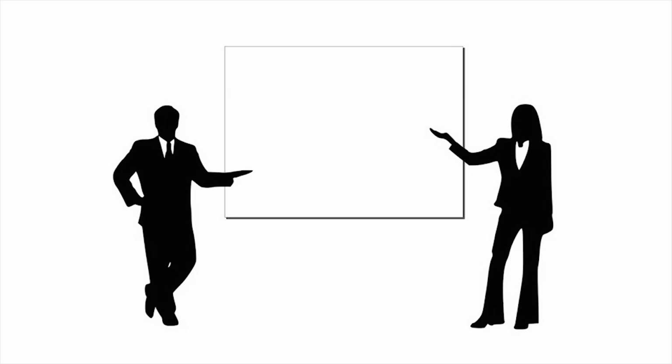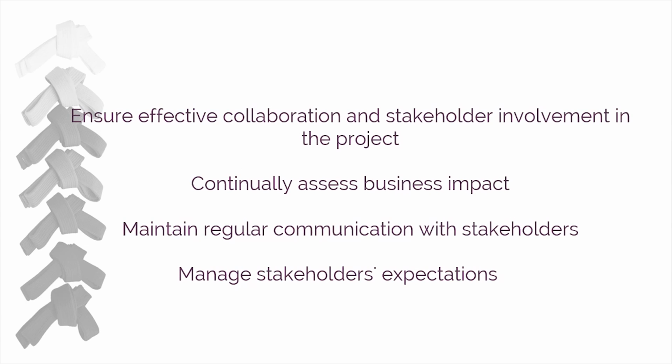Now I will list out some actions recommended for maintaining stakeholder engagement and support. First is to ensure effective collaboration and stakeholder involvement in the project. Second, continually assess business impact. Next, maintain regular communication with stakeholders. And finally, manage stakeholders' expectations.